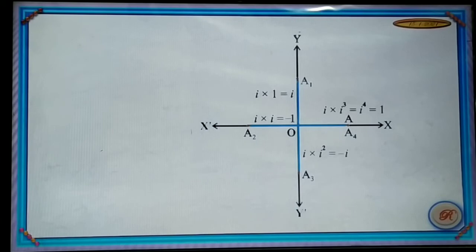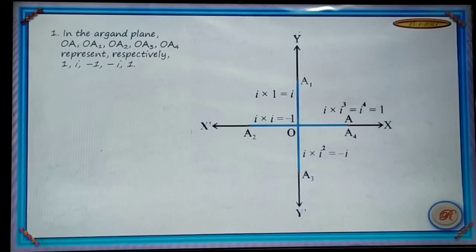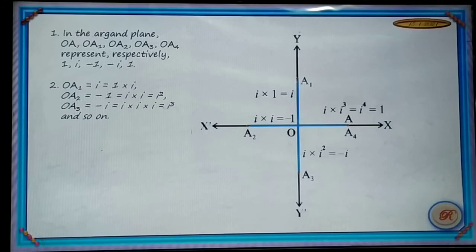In the Argand plane, that is the plane representing complex numbers, OA, OA1, OA2, OA3, OA4 represent respectively 1, i, minus 1, minus i, 1. OA1 is equal to i is equal to 1 into i.